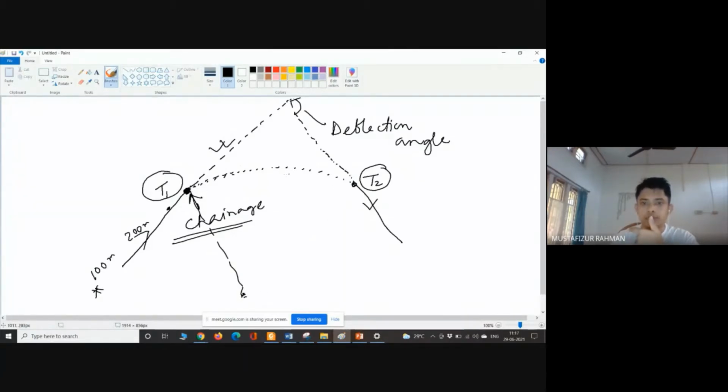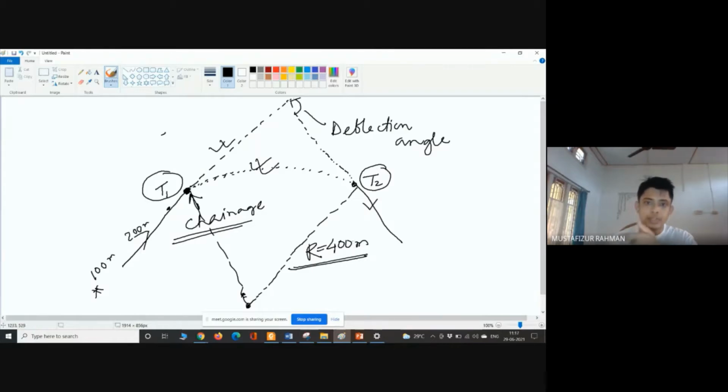This curve is a circular curve, and therefore it is an arc of a circle. This is a part of a circle, okay? And it will have some radius, 200 meter, 300 meter. In this case, we have a 400 meter radius. Okay, so this is a radius.